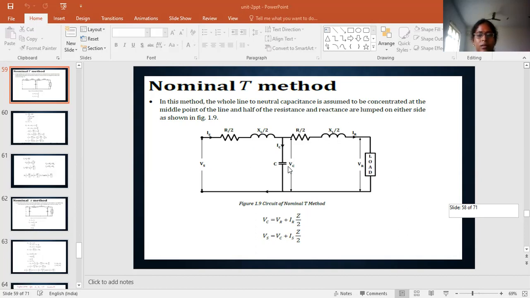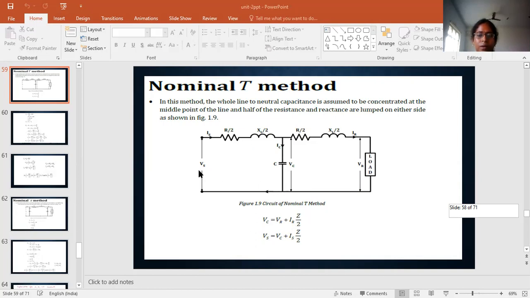VC equal to VR plus drop, which is nothing but IR into Z. Here we take half of the value, so that value is Z by 2. So VC equal to VR plus drop, IR into Z by 2.